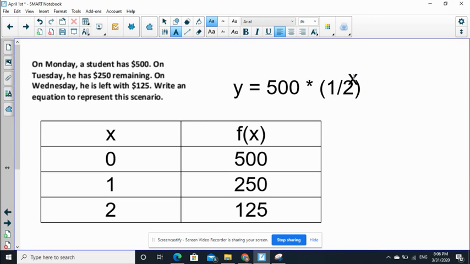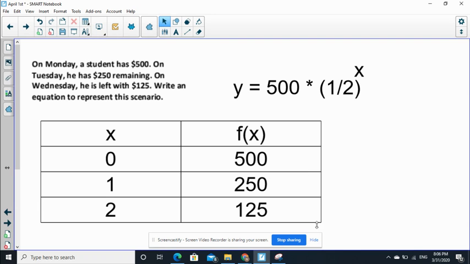So the equation is y equals 500 multiplied by 1 over 2 to the x power. This is exponential decay. The factor we multiply each time should be a fraction, less than 1, because it's decreasing.